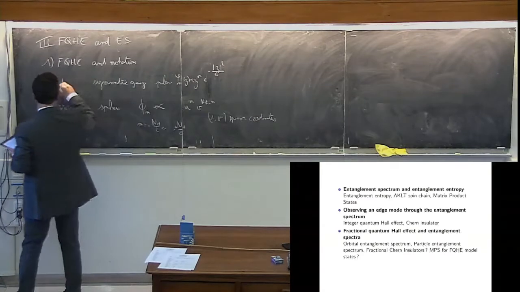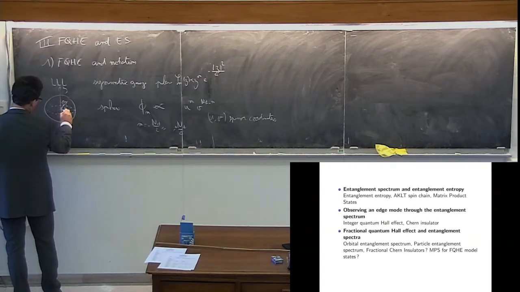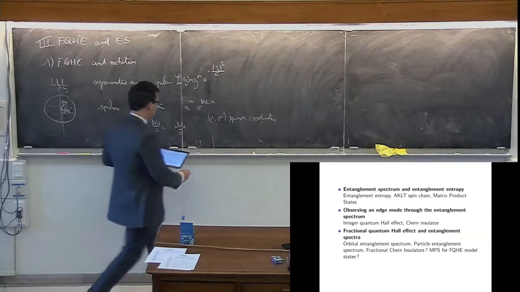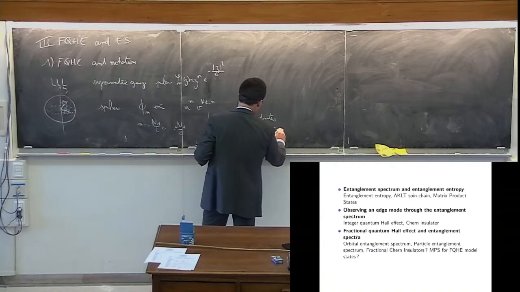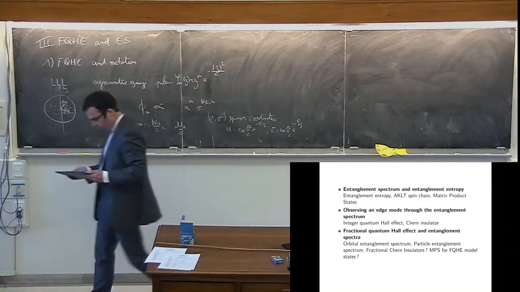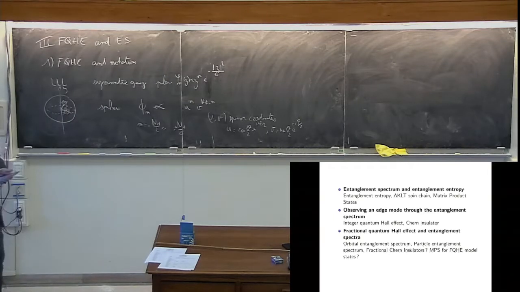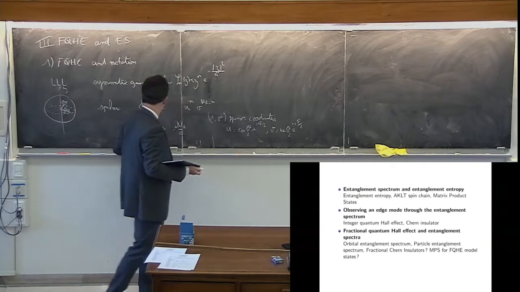It means that if you put some axis z here, you get some point on the sphere with a theta angle and its projection phi. u and v will be: u is cosine theta over 2 exponential i phi over 2, and v equal to sine theta over 2 exponential minus i phi over 2. Right, N_phi is the number of flux quanta, and m is the angular momentum.